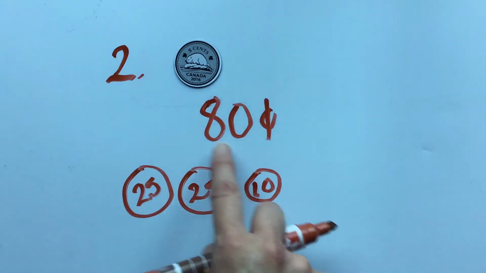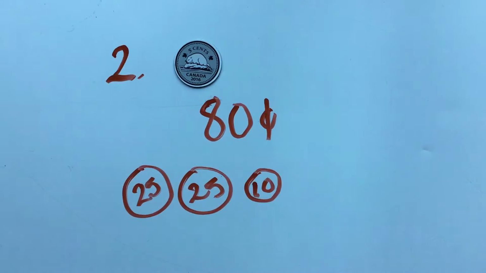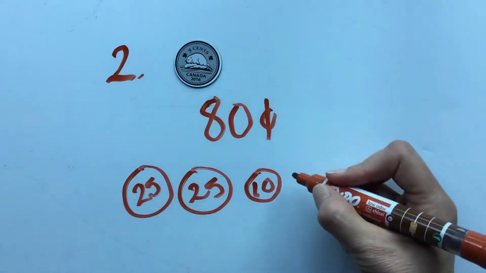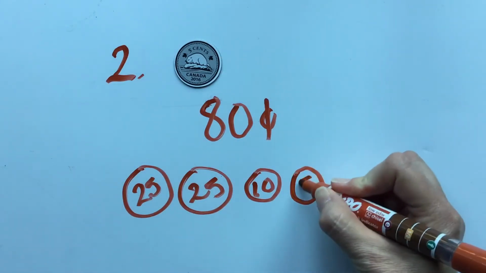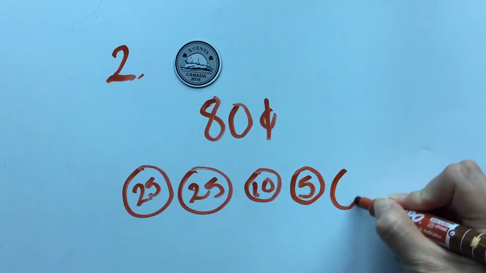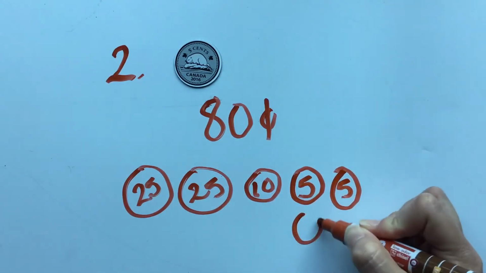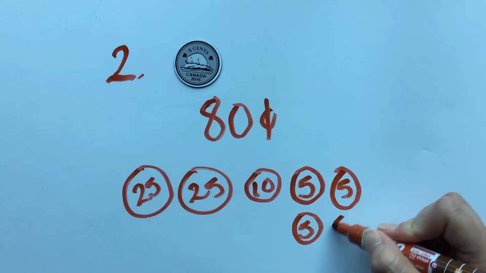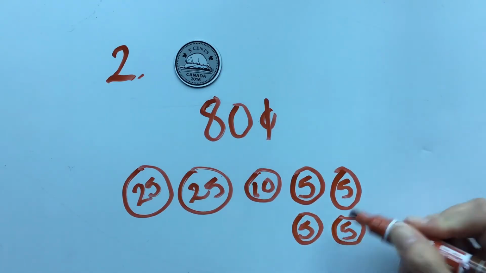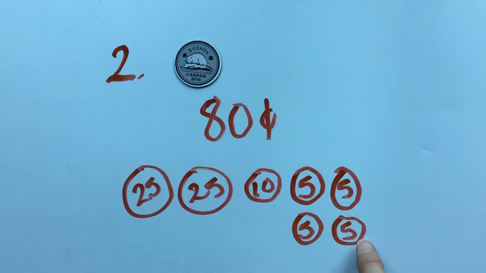I want 80 cents, and I have to add nickels to get there. Let's count by fives. 65, 70, 75, 80. How many nickels did I add on? Let's see. 1, 2, 3, 4. I drew 4 nickels to make 80 cents.